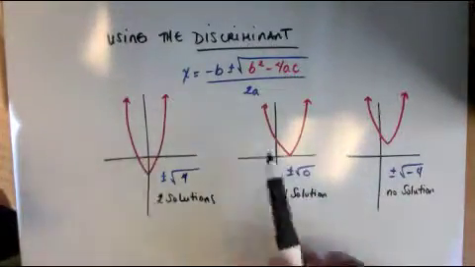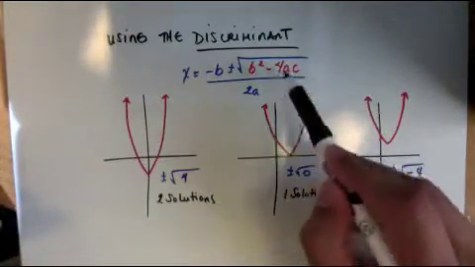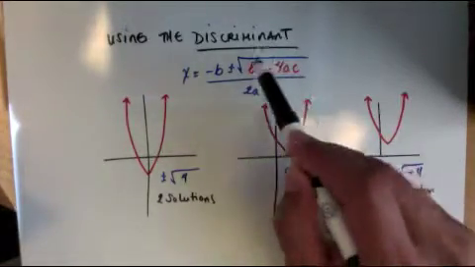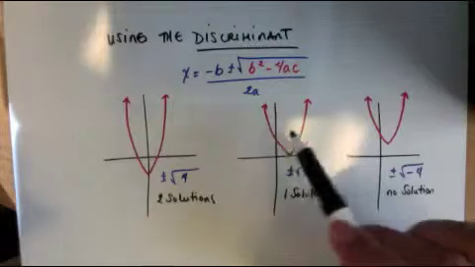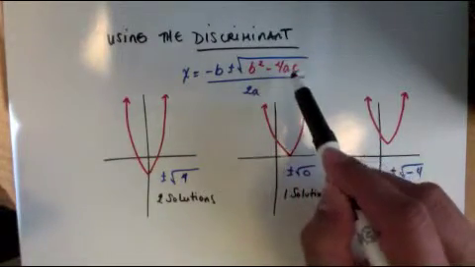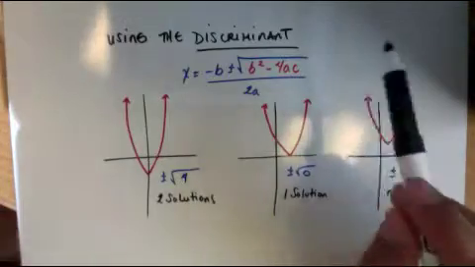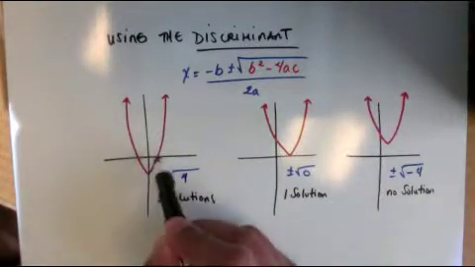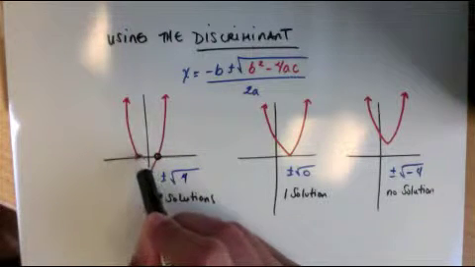I have three graphs here because you are able to determine how many solutions a graph is going to have based on this value in here.